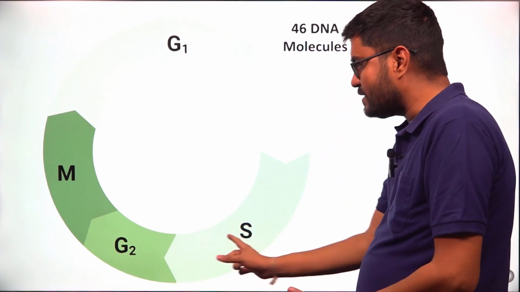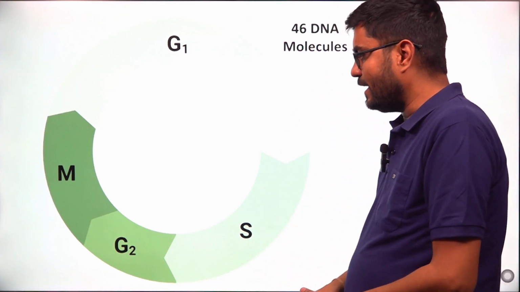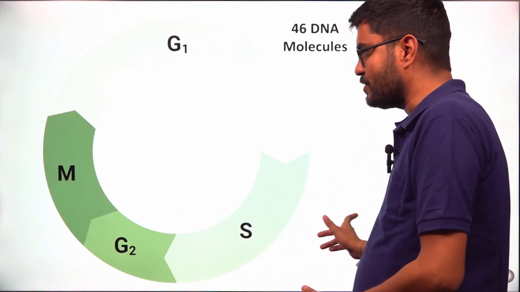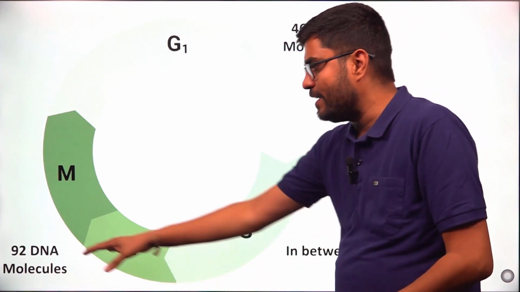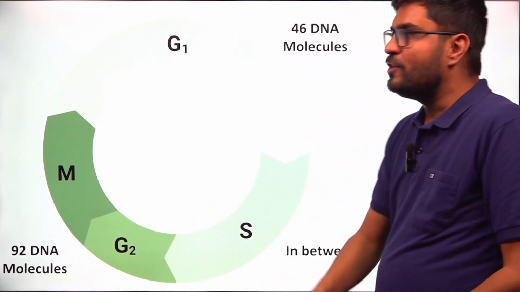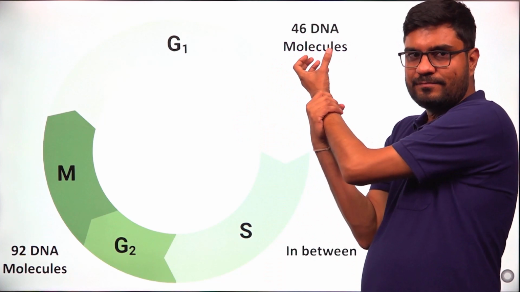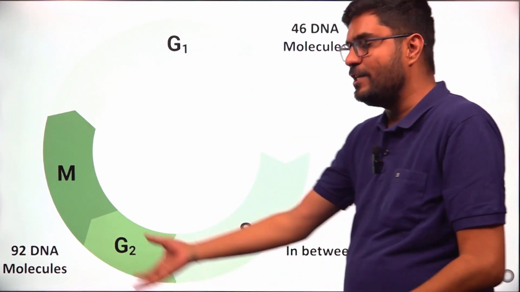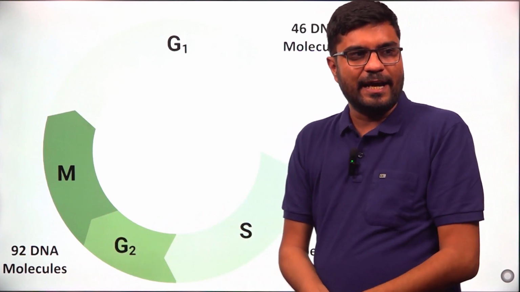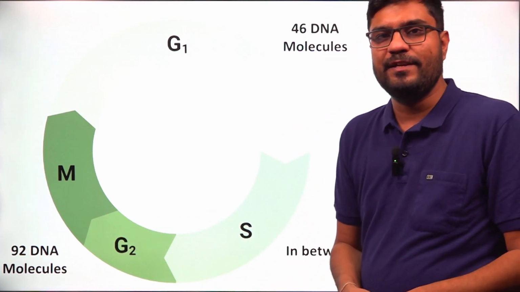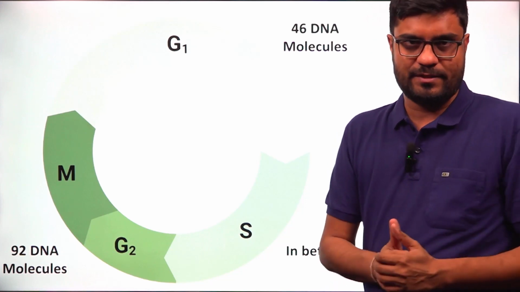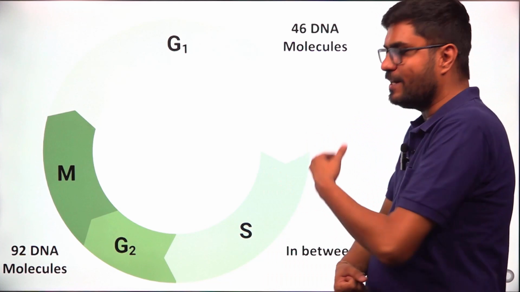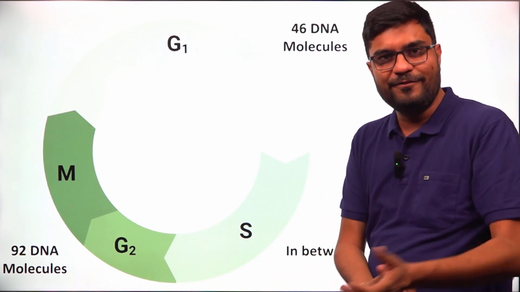Now in S phase, they do replication, and by G2 the replication is completed. So of course in G2/M, we have 92 DNA molecules. So a particular amount of DNA, that is X, in G1, and then in G2 it will be 2X, and in the S phase it will be between X and 2X. Why between? Because if the cell has just started the replication, then the amount will be different.